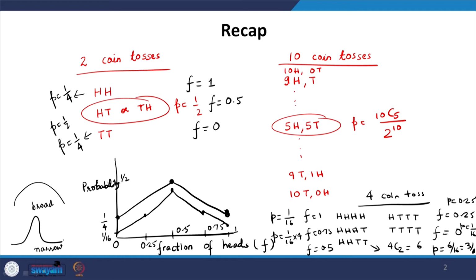And more importantly, now we have more points on the plot as we are doing more and more cases, right. So, if I, instead of looking at the probability values, if I look at the distribution of probability, if I look at this plot, what we start to see for large n is the following.